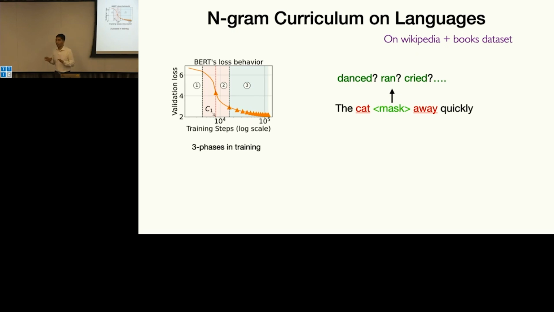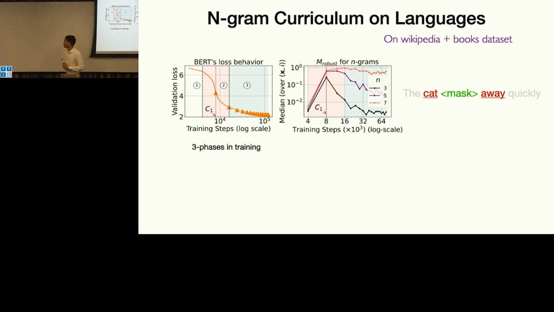So at the start of training, it uses more short context tokens, so it uses more like cat and away. And over the course of training, it starts using more and more longer context tokens for prediction. And we formalize this behavior using something called n-grams, where n denotes the words that it uses for its prediction.